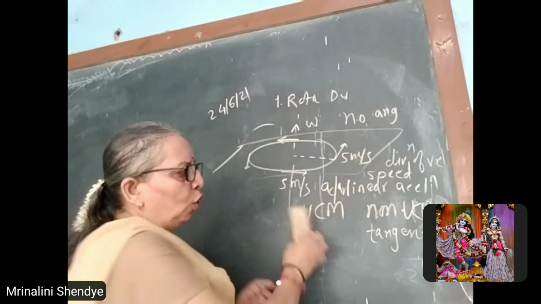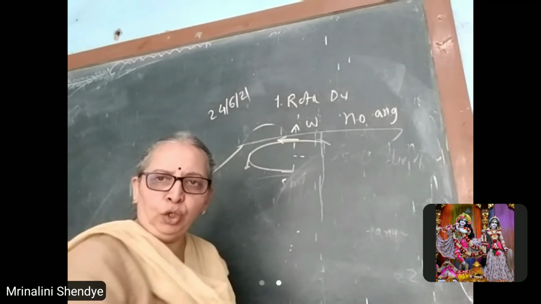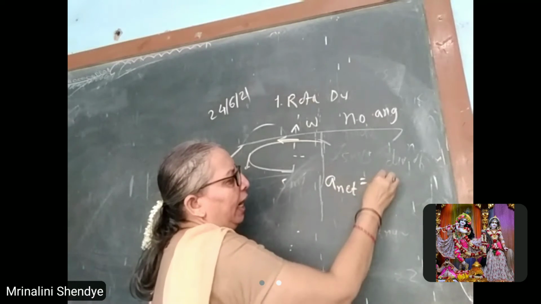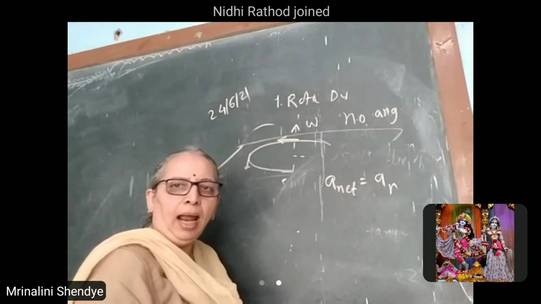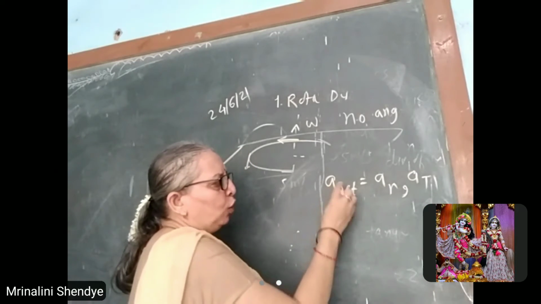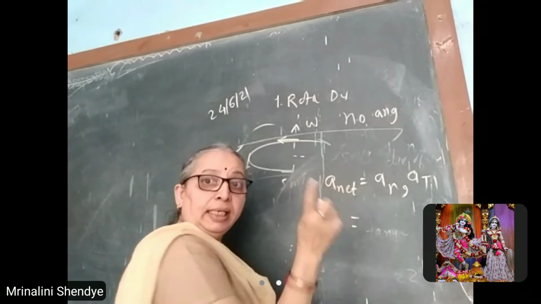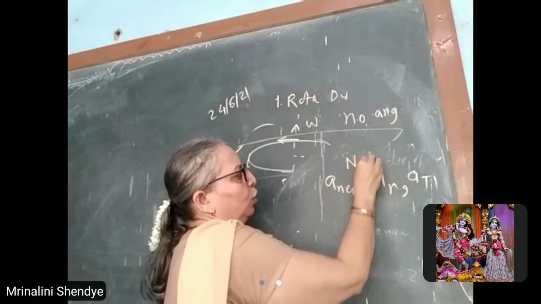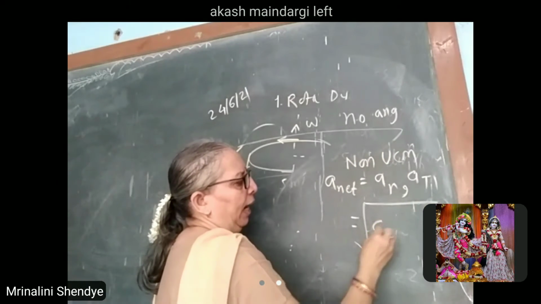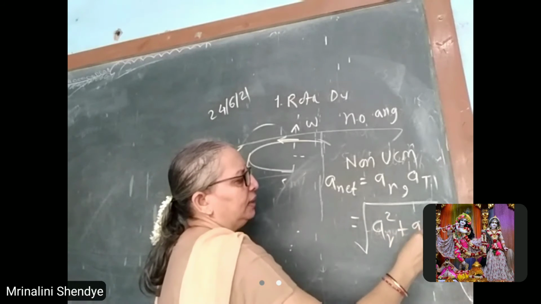So in non-uniform circular motion, the net acceleration produced is a radial and a tangential. The magnitude of net acceleration in non-uniform circular motion is then given by the square root of AR square plus AT square.